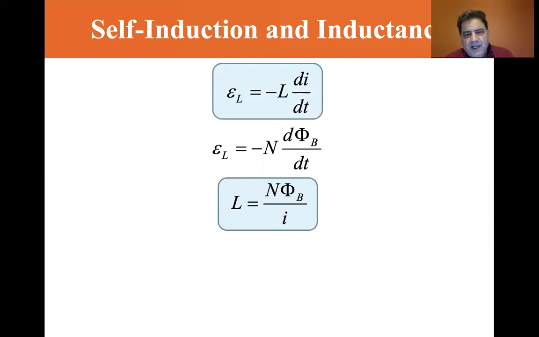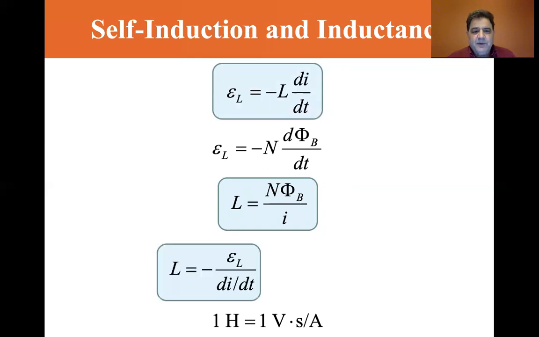Now they're using a little i because it's a changing current. Okay, now the unit is the henry. In your textbook, there's a picture of Mr. Henry. They don't have a slide of that, but there is one in your textbook, and it's equal to 1 volt second per amp.